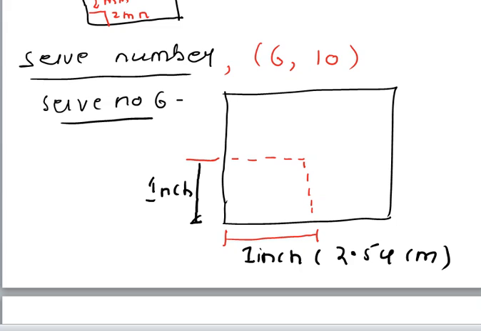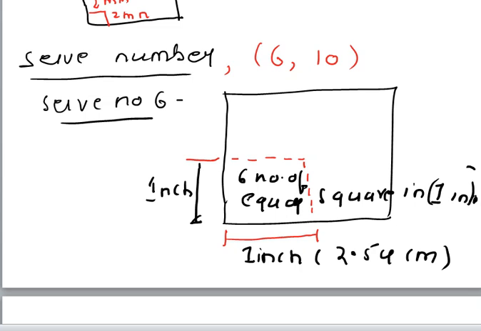So in this 2.54 centimeter in both directions, if there are six equal squares in 1 inch square of area, if there are such divisions that there are 6 equal square openings, then that sieve will be sieve number 6.